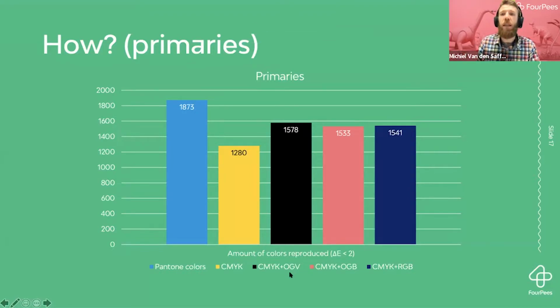Does that mean these primaries are the best primaries for your job? No, not necessarily. Everything depends on what you are doing, which colors you have to add to your gamut to get the results that you want. We are working with a customer who is trying to add gamut mostly in the bright colors. Both the orange, green, and violet are all pretty dark primaries.